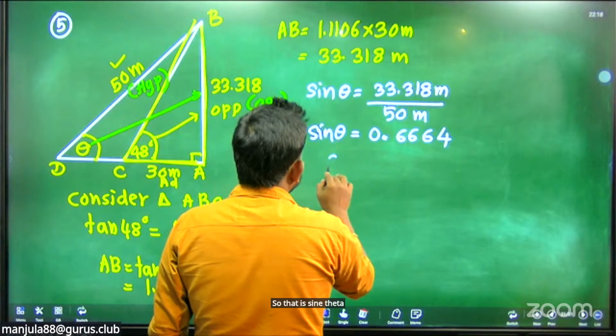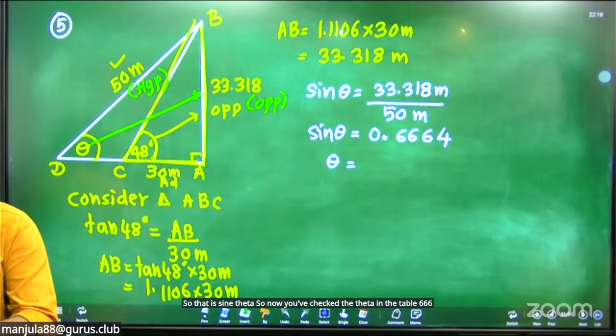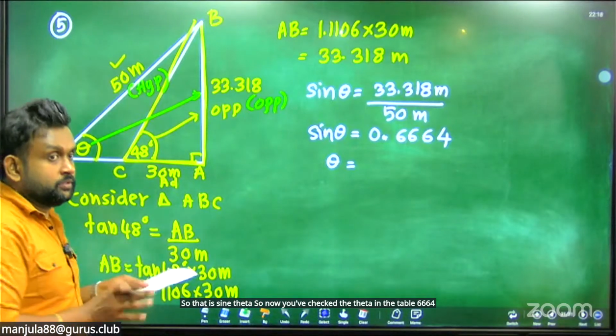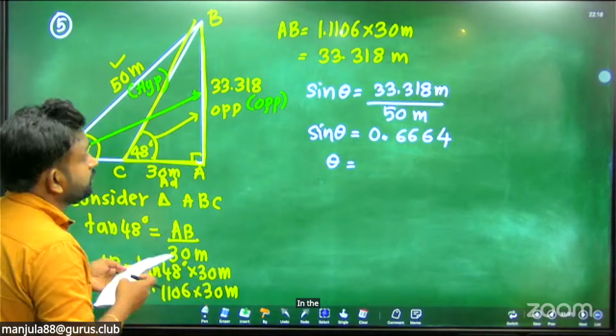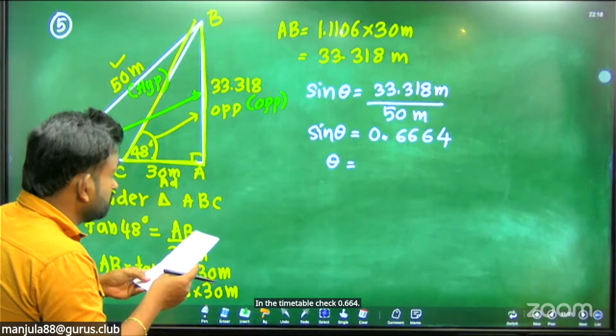Now you check theta in the sine table for 0.6664.